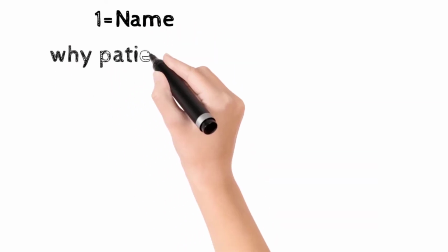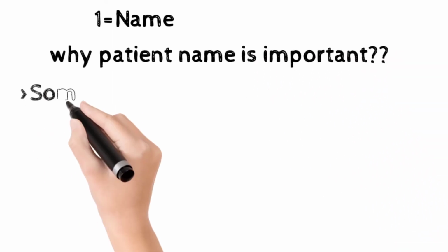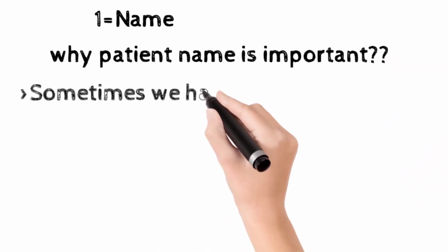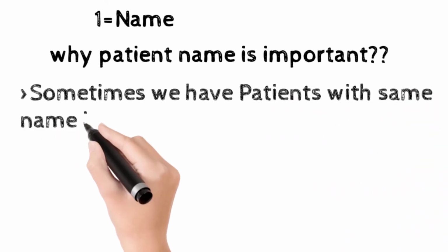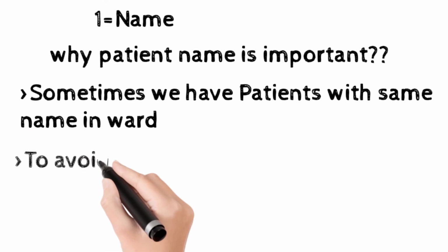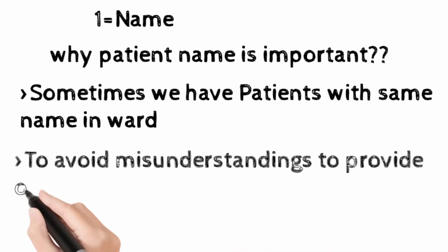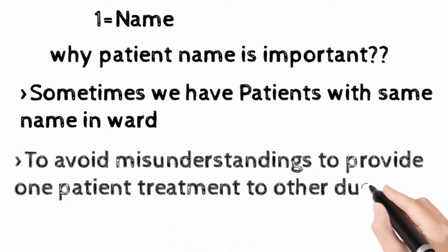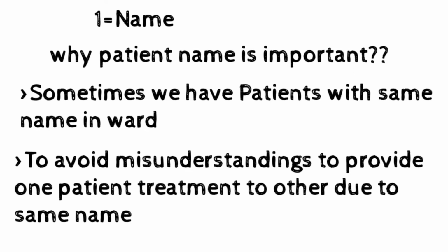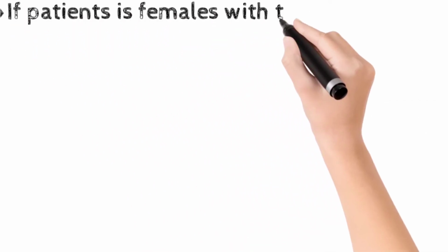The first question is, why is patient name important? The answer is that sometimes we have patients with the same name in the ward. To avoid misunderstanding and giving one patient's treatment to another patient due to the same name, patient name is important.